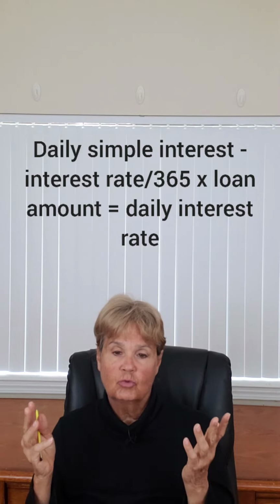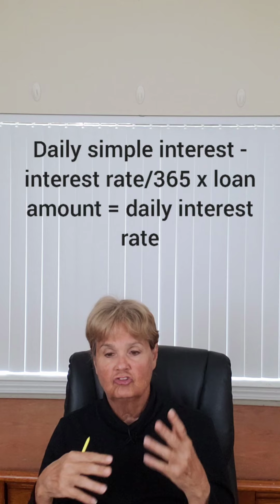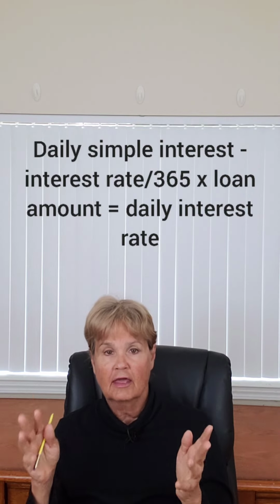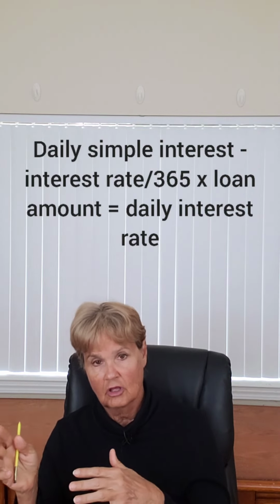The daily simple interest mortgage is usually a little bit higher than a traditional mortgage. So you as a loan originator see how your lender calculates mortgage interest. You're either going to be dividing by 365 or you're going to be dividing by 12.